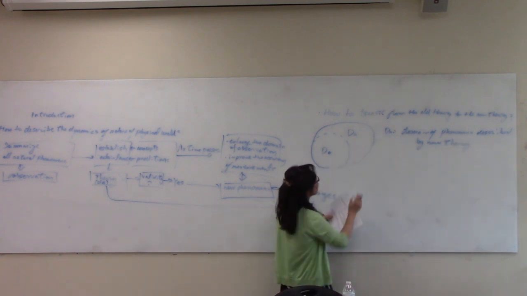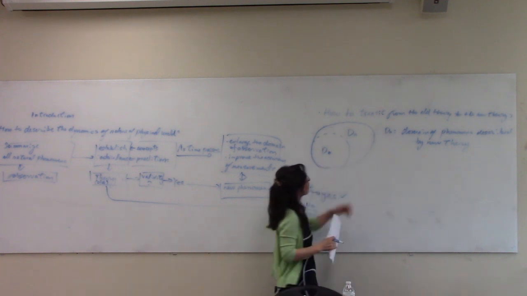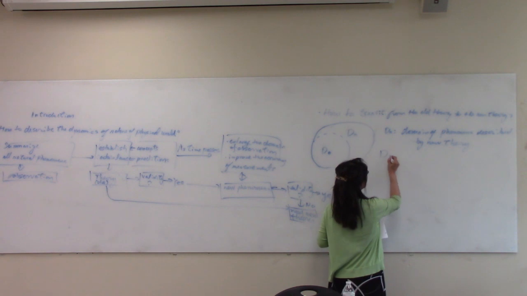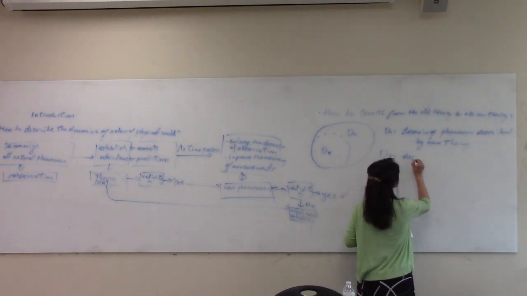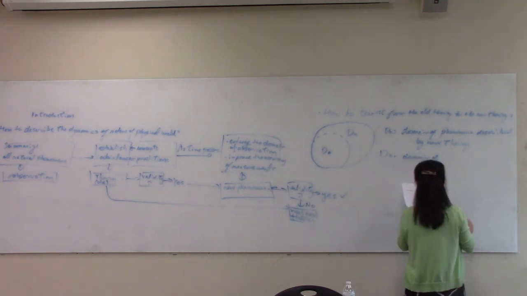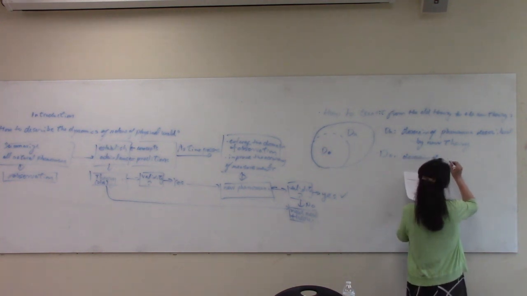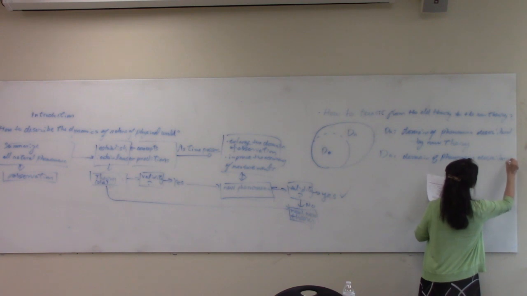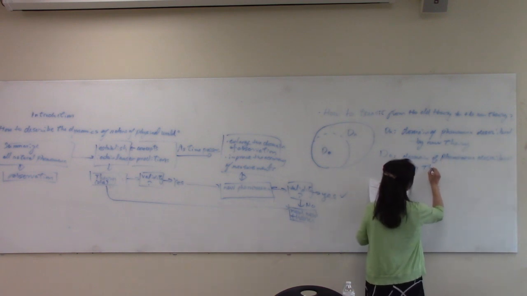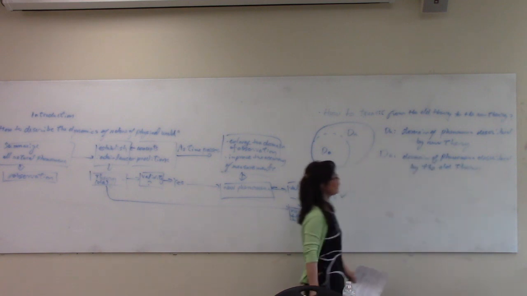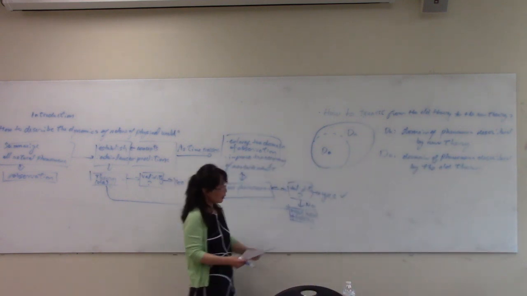You can see here this series we cover O, right? Then we define Do as the domain of the phenomena correlated by the old theory. Okay. Then what do we see in the relation between these?